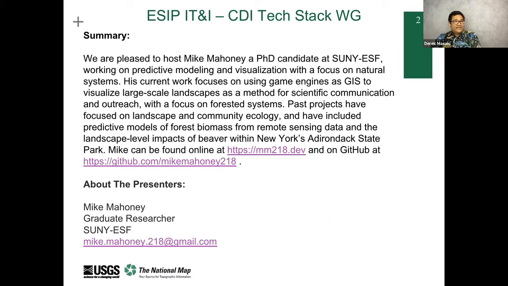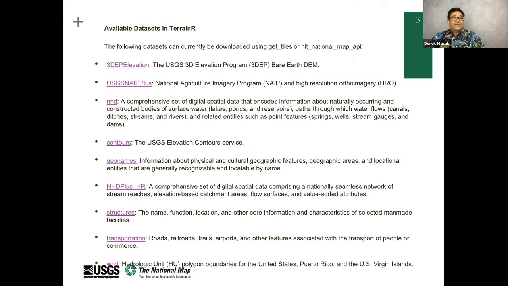I'm going to go ahead and go to the next slide. All right, so the available datasets in TerrainR include the 3D elevation, FAIR DEM, the National Agricultural Imagery Program, the NAIP imagery, NHD products, contours, geonames, NHD Plus HR, structures, and transportation.